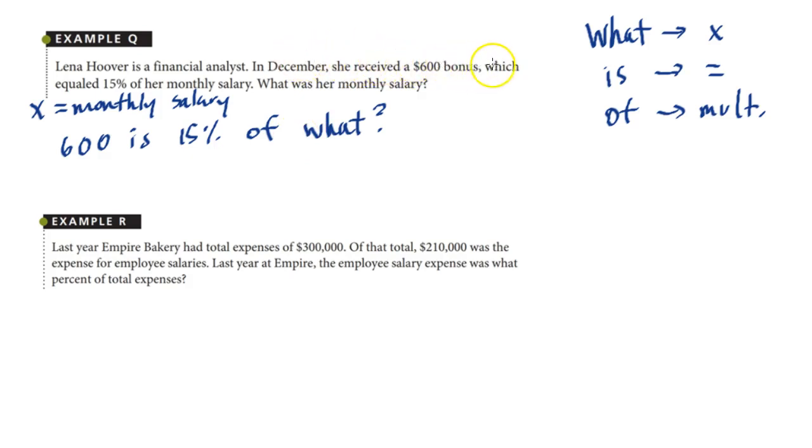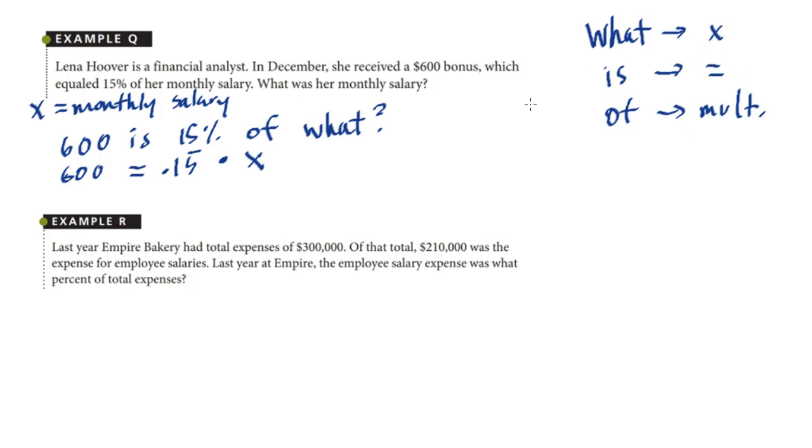She received a 600 bonus, which equaled, actually we can jump directly to equal. So what it's saying is 600 equals 15%, let's convert that to decimal form, 0.15, of is multiplication, her monthly salary, and we'll call that x. So hopefully you can see how we translated this using the process from the last video, using keywords that are hidden in the problem.